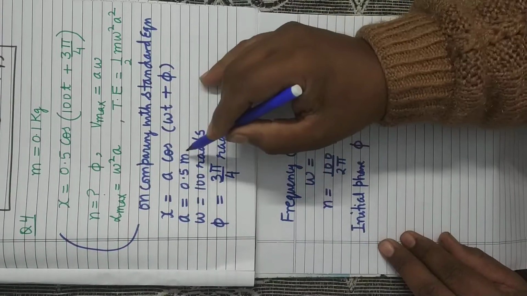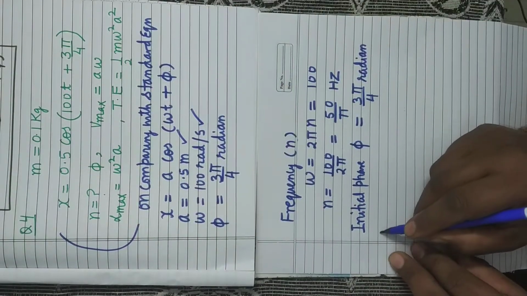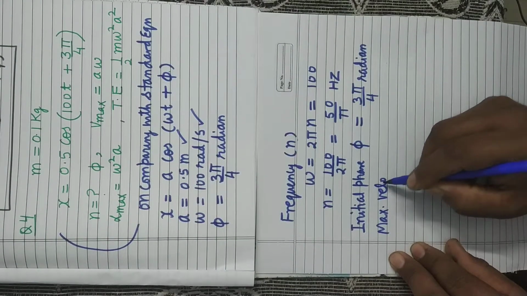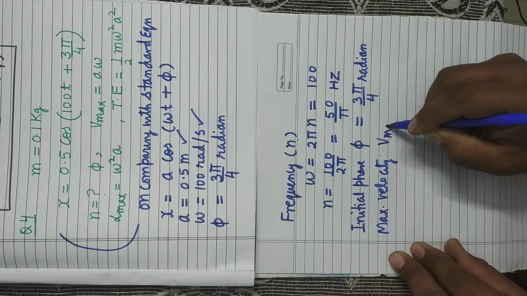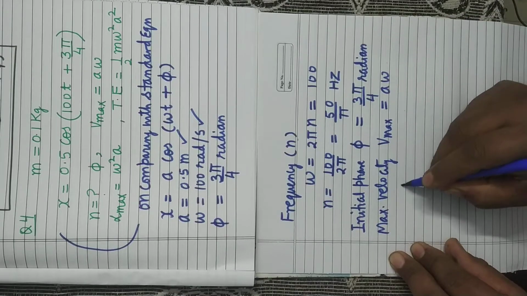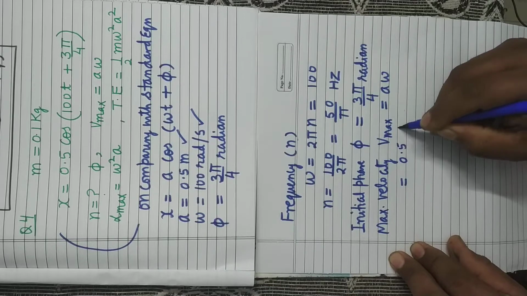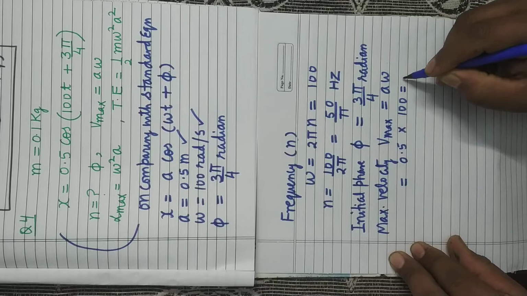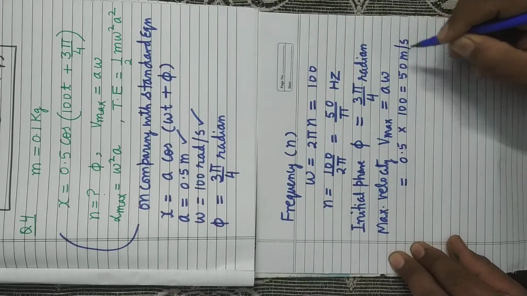A is 0.5 and omega is 100, so V max equals a omega, which is 50 meter per second. This is the maximum velocity.